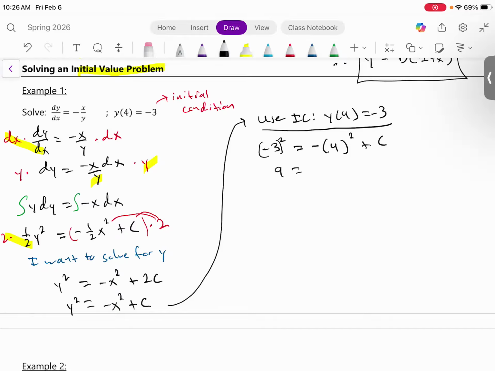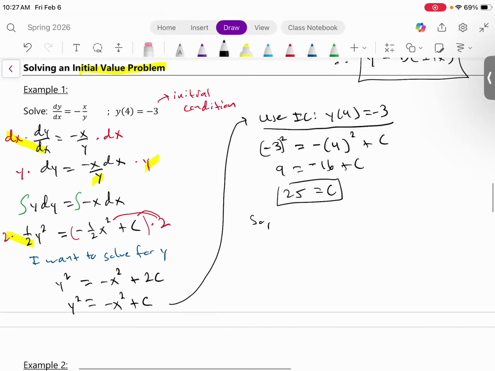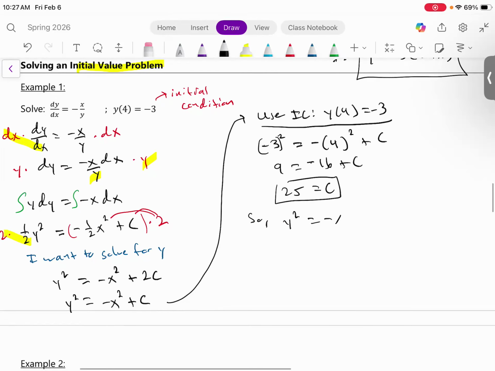So it's 9 equals negative 16 plus c. Add 16 to both sides, and I get 25. Okay, so let's take that c, let's plug it in. So y squared equals negative x squared plus 25.